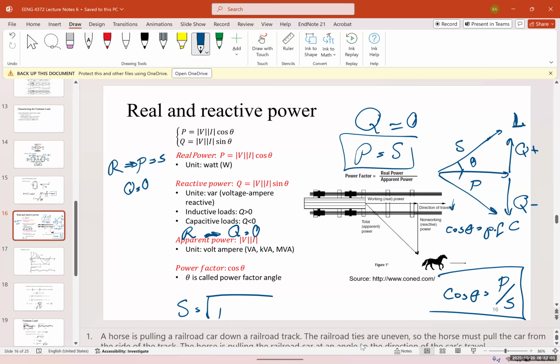S is equal to the square root of P squared plus Q squared. And the unit again for Q is VAR, or sometimes we show it as kilovolt amp reactive.